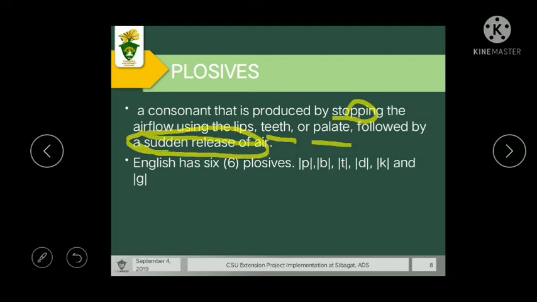English has six plosives: the p as in pat, the b as in bat, the t as in tuck, the d as in dark, the k as in kite, and the g as in get.